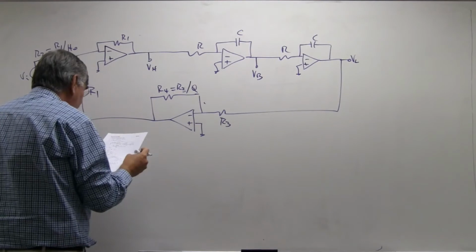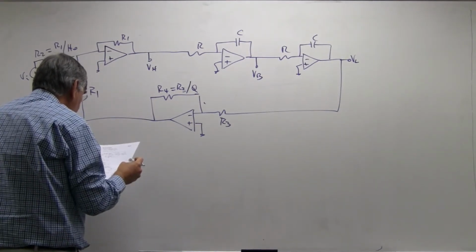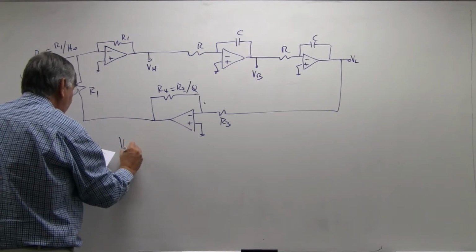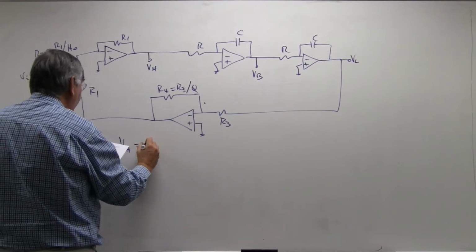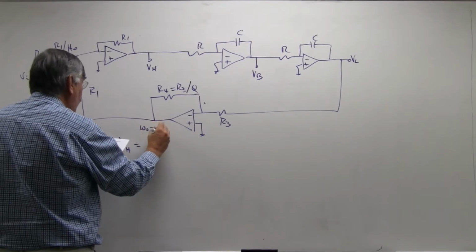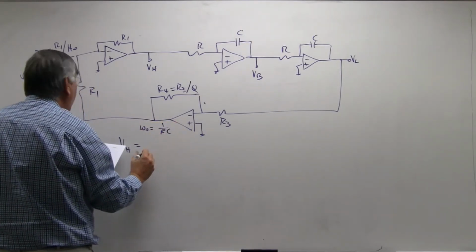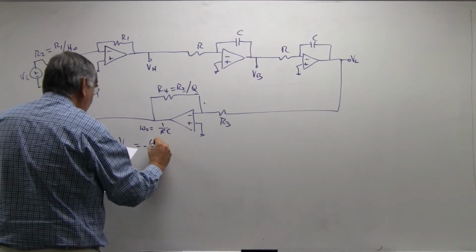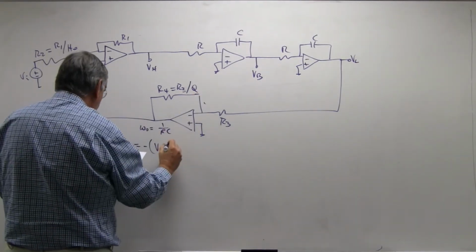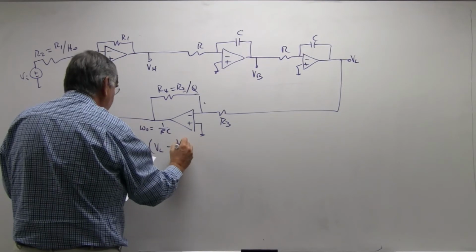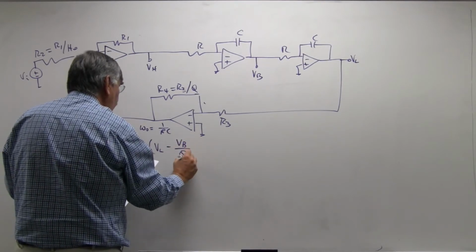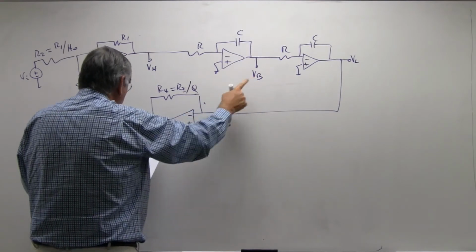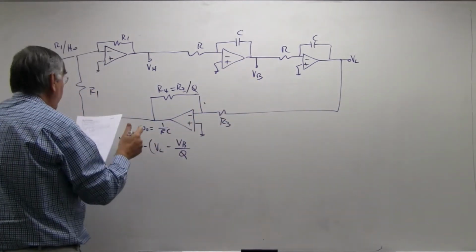It can be shown, maybe I should just do this. Here, I'll just write out the equations. So VH, and you watch me as I go. I'm going to let omega naught equal 1 over RC, with the two integrators. And I claim that VH equals minus VL, which was over there, minus VB over Q. So VB over Q. Oh, I left something out, didn't I?